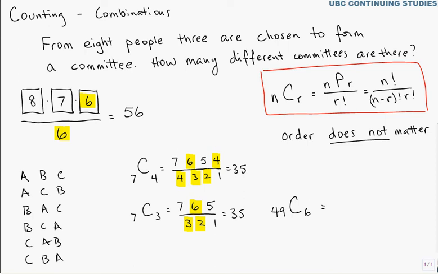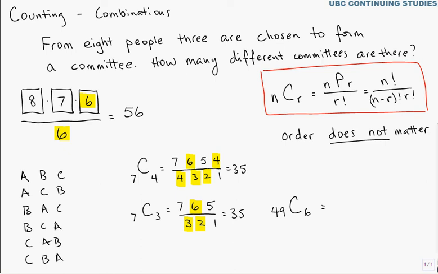Let's go to one example that yields a much bigger number. 49C6. So what is this? Well, this turns out to be the number of lottery tickets that are possible to buy for Lotto 649. In Lotto 649, if you're not familiar with it, you choose 6 numbers from 49, and the order doesn't matter.